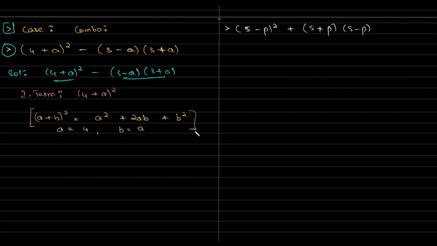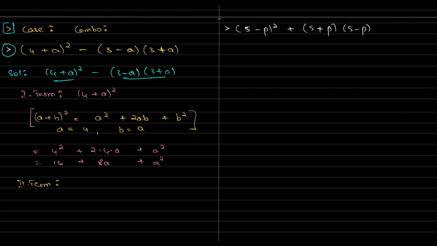A. Okay, so we just have to substitute and we will get 4 square plus 2 into 4 into a plus a square. So this is 16 plus 8a plus a square. Got it?